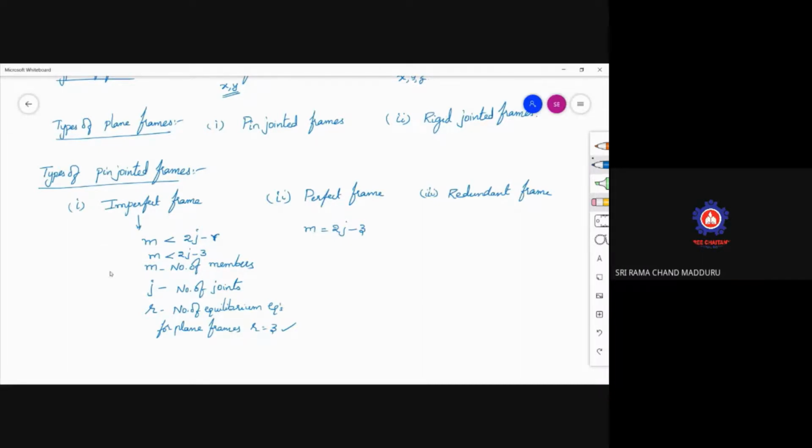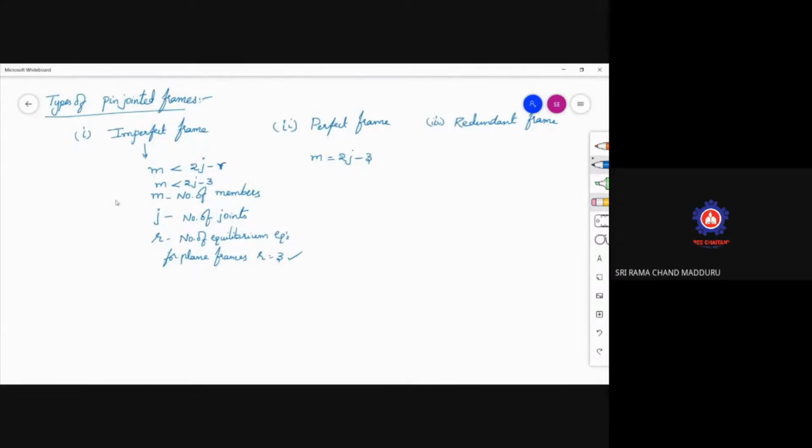I'm just drawing the diagram for an imperfect frame. Please look at the diagram that I'm drawing. This is something like a truss. Tell me how many members are available in this structure: 1, 2, 3, 4. There are 4 members. How many joints are available? 4 joints.